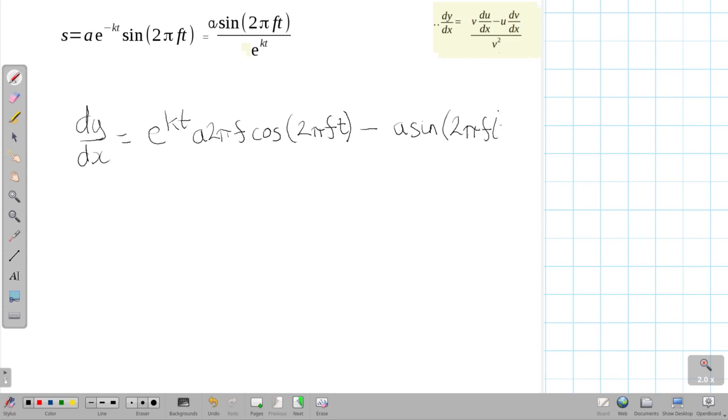frequency times those brackets, and then we've got the derivative dv/dx, so that's the derivative of this bottom term, which is k e to the kt.